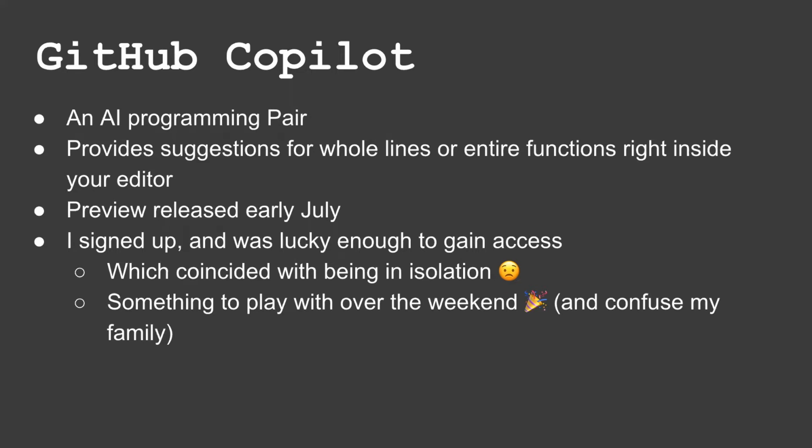What that means in practice is, rather than autocomplete just completing variable names for you with some sort of contextual cues, it provides more sizable suggestions, whole lines of code, or even entire functions from right inside the editor. So the preview was released in early July.